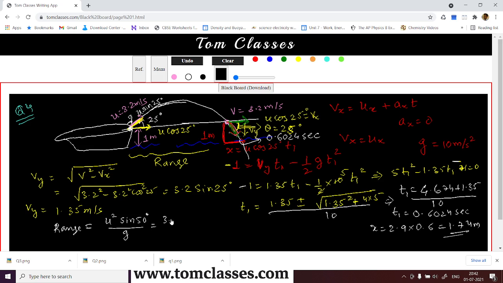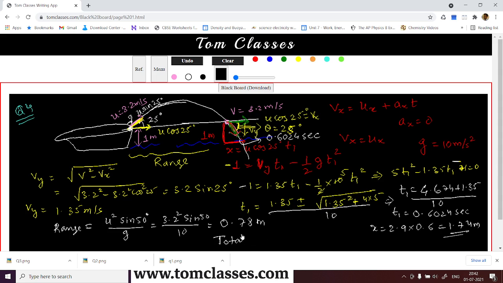This is 3.2 square sine of 50 degree by 10. 3.2 squared is 10.24, so it becomes 1.024 multiplied with sine 50 degree. Sine of 50 degree is 0.766, multiplied with 1.024, so this is 0.78 meters.